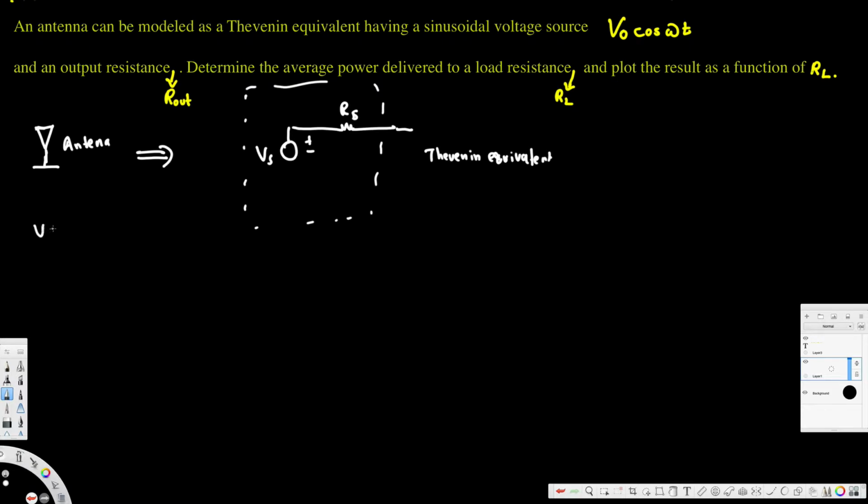Here the voltage source is equal to V0 cos omega t and Rs is equal to Rout.